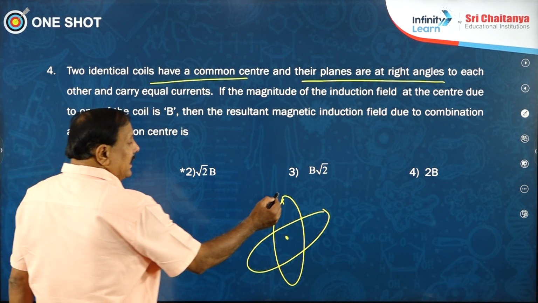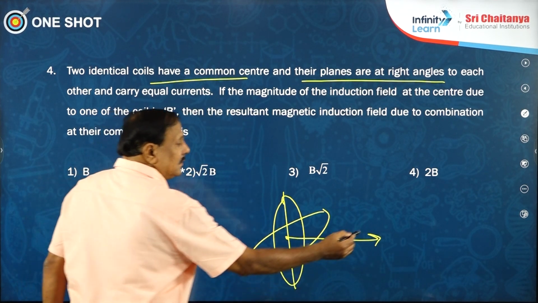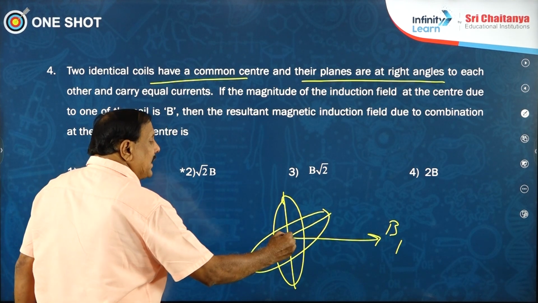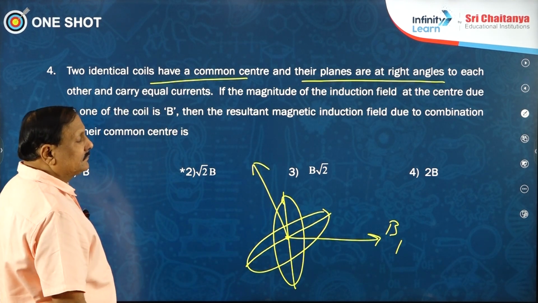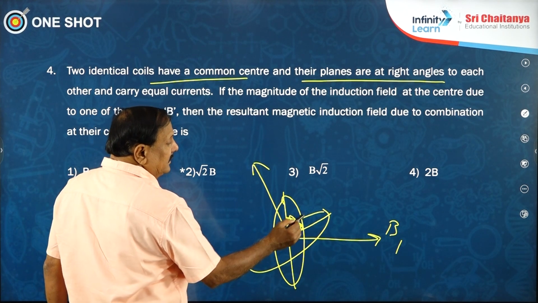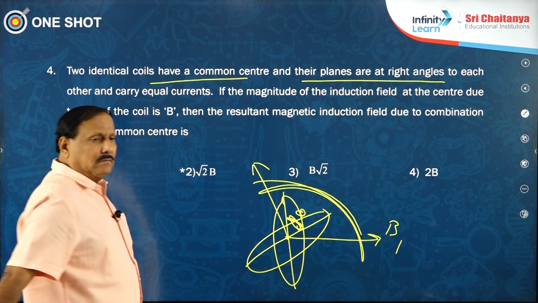The magnetic induction because of this coil is perpendicular to this coil. The magnetic induction because of the second coil is perpendicular to that plane. So, if the angle between the two coils is theta, the angle between B1 and B2 is also theta.